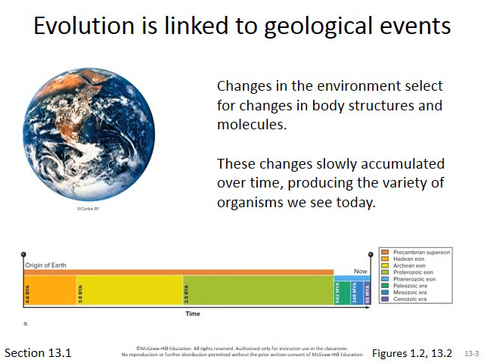Evolution is linked to these geological events. Changes in the environment select for changes in body structures and different molecular structures within the cells. These changes slowly accumulate over time, producing the variety of organisms that we see today. So we saw in our last lecture that natural selection, the conditions of the environment, are going to help select for certain morphological features of organisms.